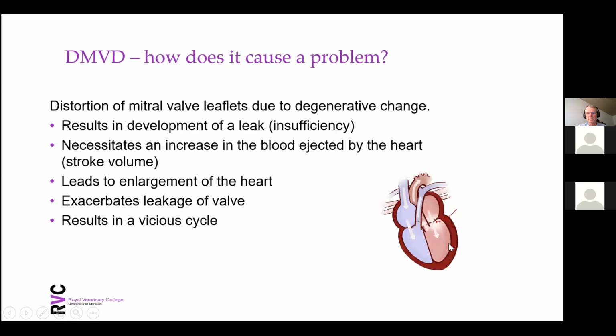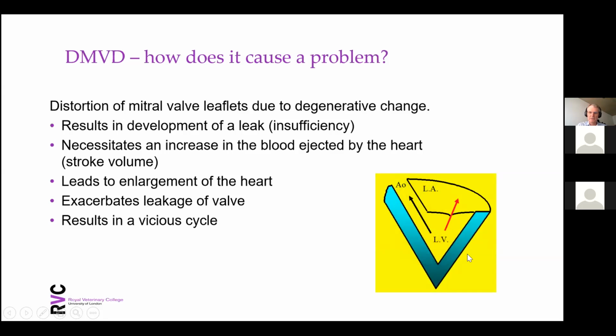So if you look at this diagram at the bottom right here, the arrow is indicating where the mitral valve is, and normally flow through the mitral valve should be from the left atrium into the left ventricle, and then blood is ejected out of the aorta when the heart contracts. The problem becomes when this valve here leaks. And so if we look at this next diagram, we can see we have the left ventricle here and the left atrium above it.